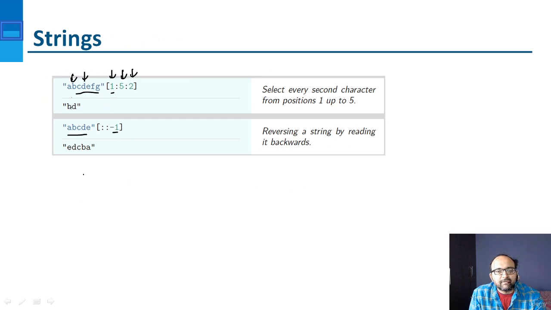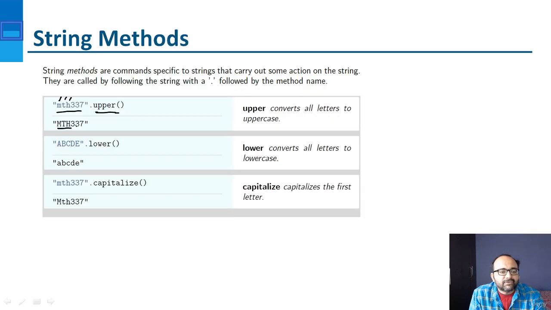These are all lowercase letters, right? Now they get converted into uppercase. Similarly, you can also convert this string into lowercase by calling string name dot lower. Capitalize method.